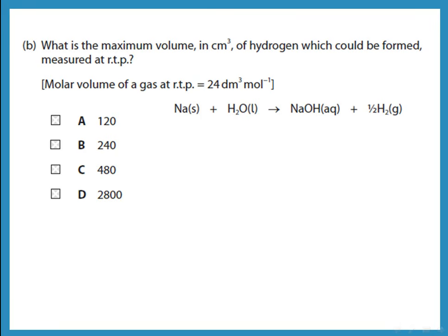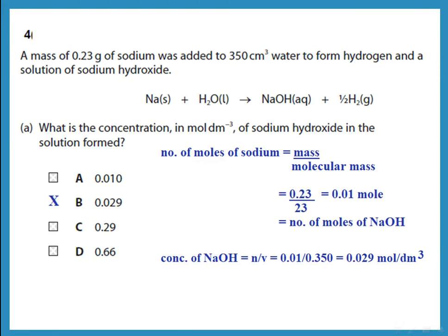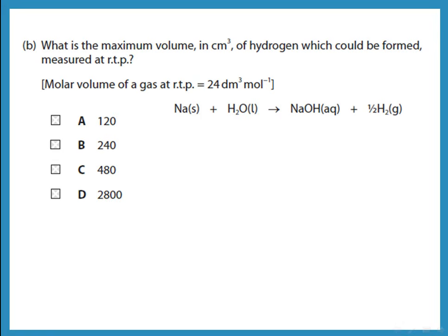Now, what is the maximum volume of hydrogen which could be formed? He gave me information about sodium. In the first question, he asked about sodium hydroxide. Now he's asking about hydrogen. Again, in order to get the volume of hydrogen, I need the number of moles. I'm going to relate it to the number of moles of sodium, which was 0.01 mole.